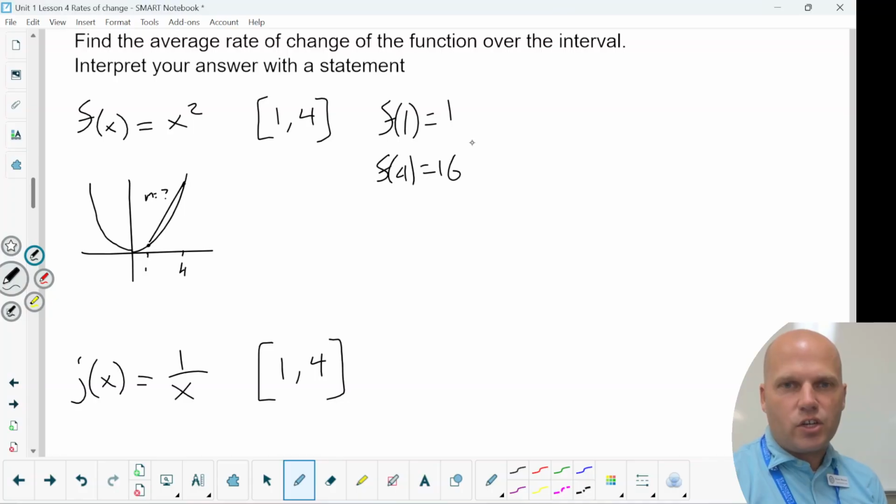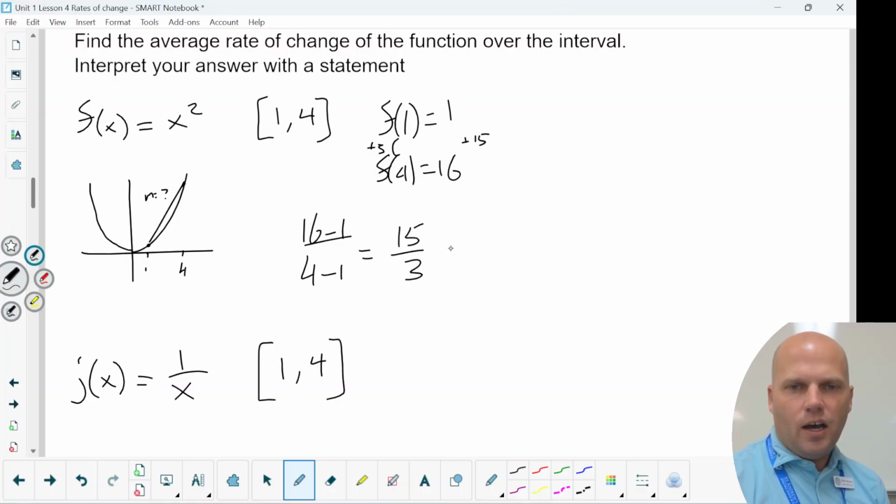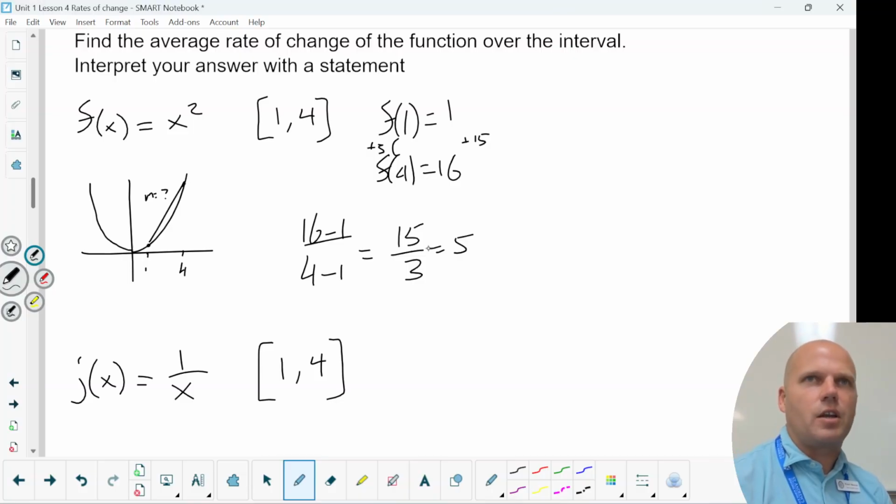Now we can see we increased 15 over 3. So if we want to do the calculations, we can. But hopefully you can see that from 1 to 16, we're adding 15. From 1 to 4, we're adding 3. And 15 over 3 is 5. And great. And then providing the statement showing an understanding of slope, which many students have never done in the past. You usually just write down, here's the slope.